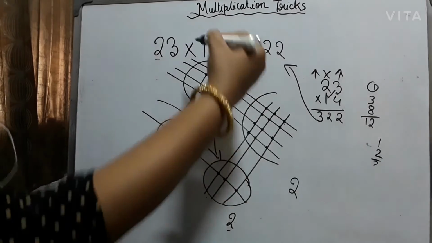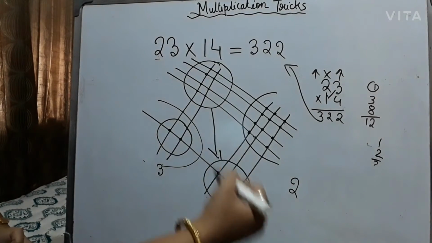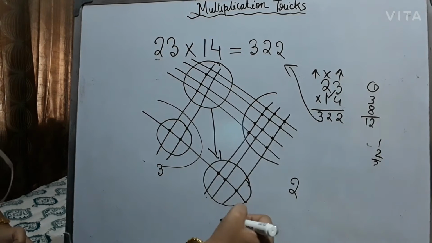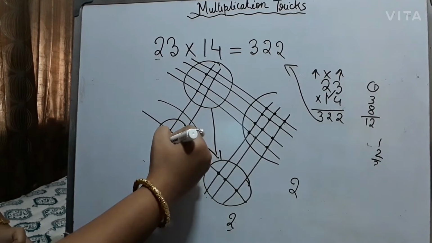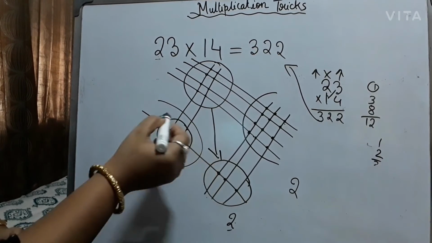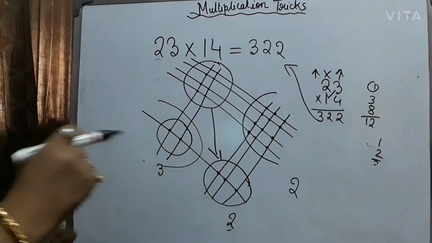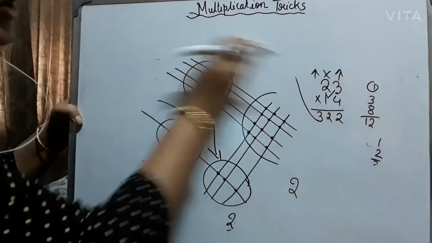You take the carry to the middle point. There again you count the intersecting points and add that carry. Whatever answer you get, if again you get a carry, carry it to the hundreds place. There you calculate this one. I hope it is clear. Let's do one more, then you will be more clear.